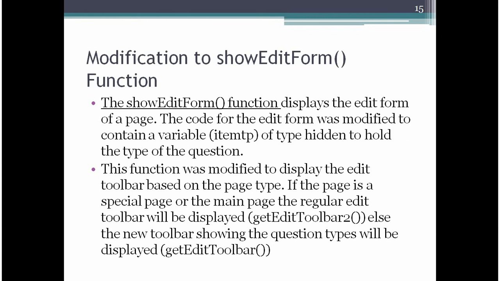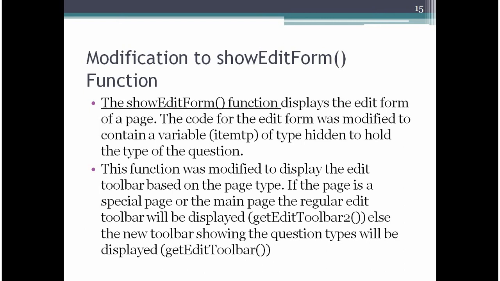So the show edit form function calls another function to display the toolbar. In my case, I didn't completely take away the generic editor. I had to maintain it because not all the pages on the wiki are questions with XML content. Some of them are like the main page or the category page or a special page. They need the regular editor, so I had to maintain that editor.